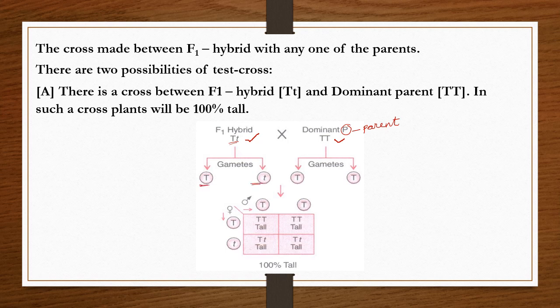But the dominant parent is homozygous, capital T, capital T, so the gametes have the same gene, capital T.